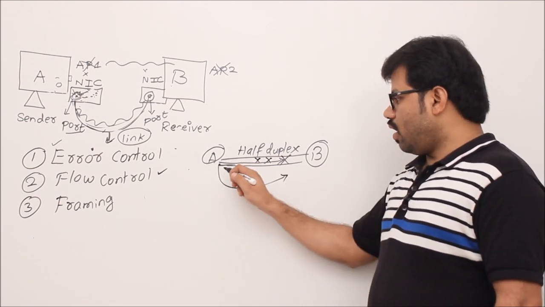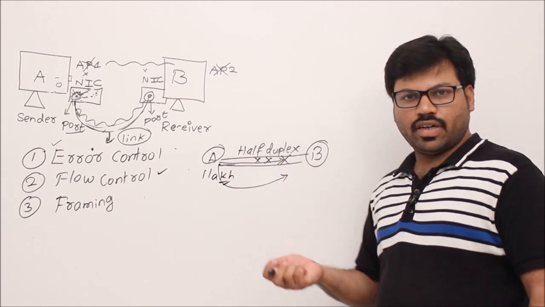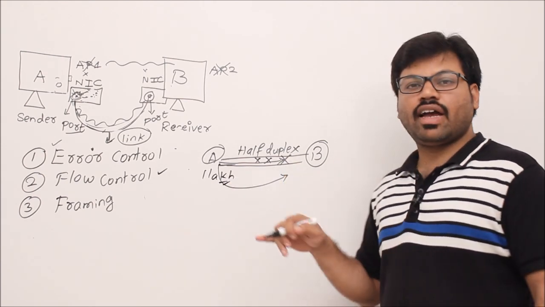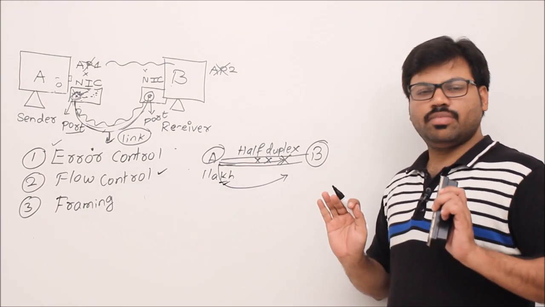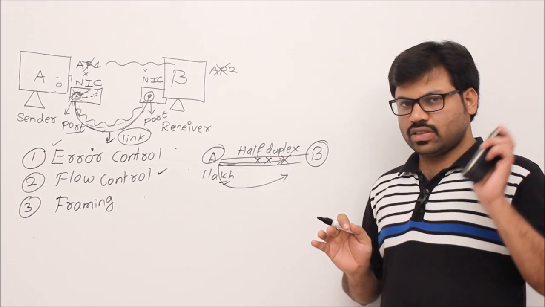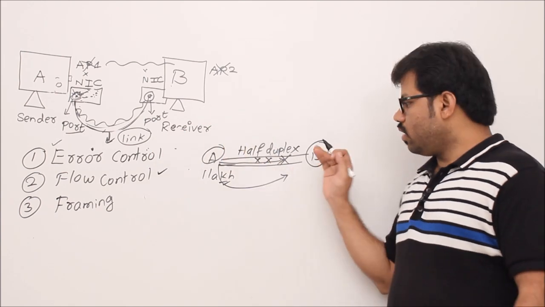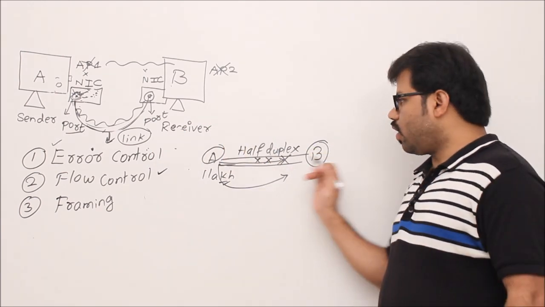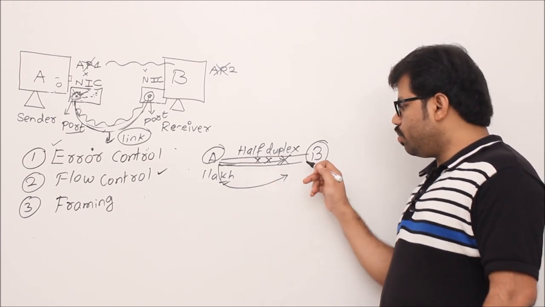Now, in that 1 lakh bits, we don't know which bit got corrupted. Let's say the receiver doesn't have any idea which bit got corrupted, but the receiver knows that there is a mistake. Somehow it detected it. We will see how to detect whether a message is correct or not. Error control techniques will teach you. So at this moment, let's say through error control techniques, B understood that there is a problem in the message. It should be resent.